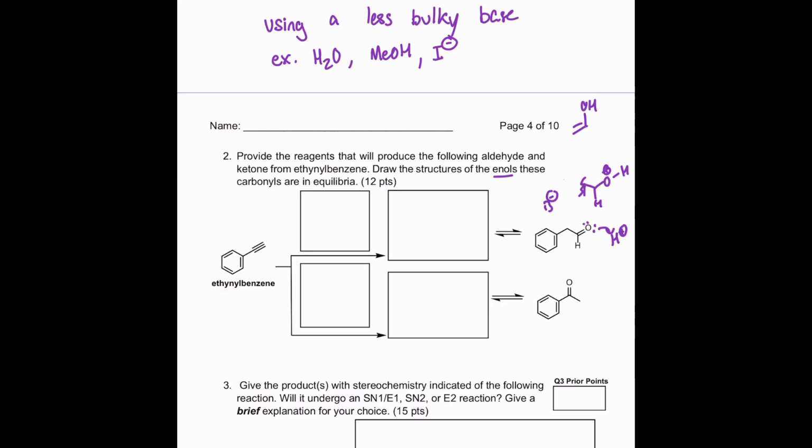And then to make that stable, the base will come and grab the hydrogen, and push the electrons of the hydrogen back onto the carbon, so that gives us our double bond there, and that will break the double bond and push those electrons up here. But not necessarily what you guys needed.